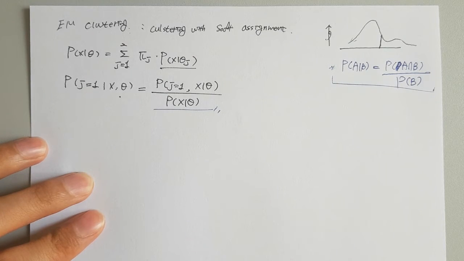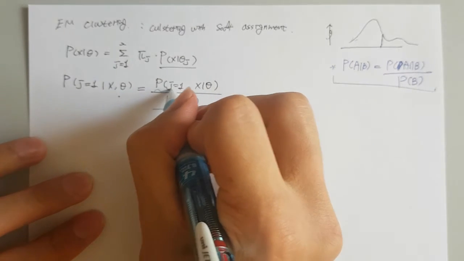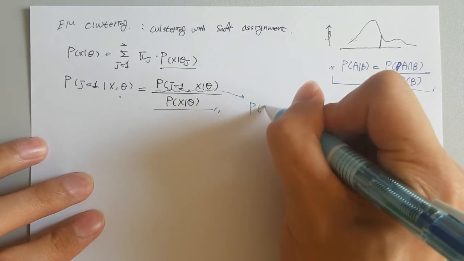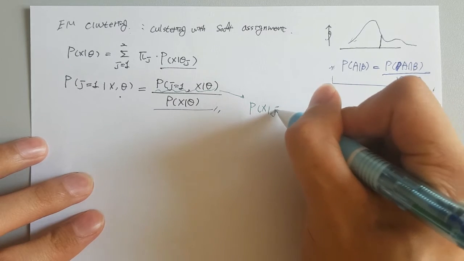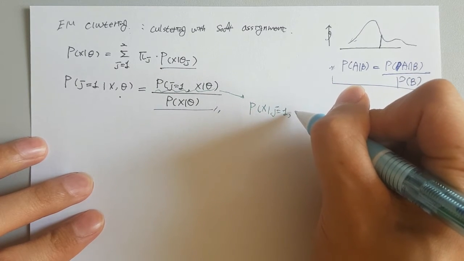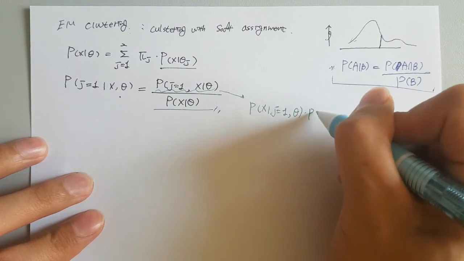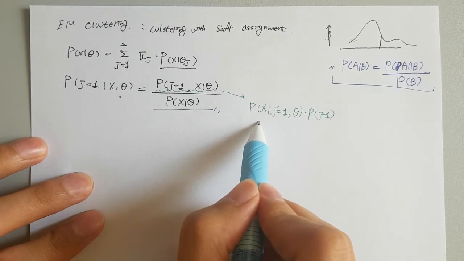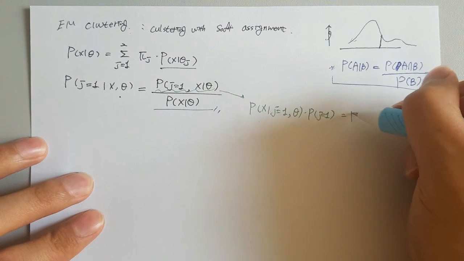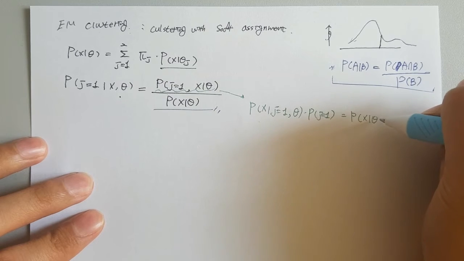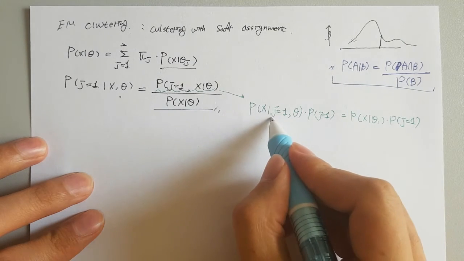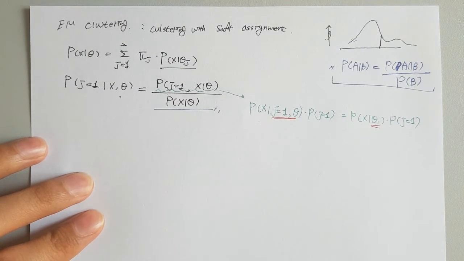And here I will solve this probability like this: P(x given j equals 1, theta) multiplied by the probability when j is 1. So this is Bayes' theorem, and I can shorten this equation like this. Because simply these two and theta 1 are the same, right?